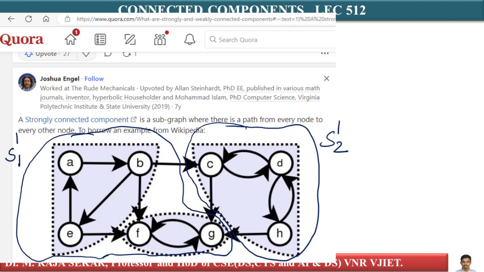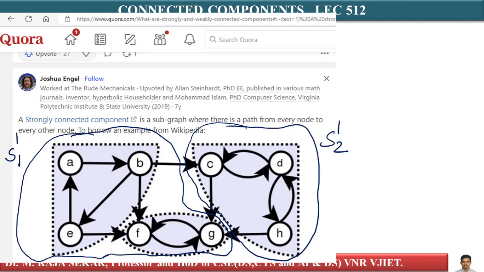Within S2 dash, I can go from any vertex to any other vertex, but within S1 dash, can I go from F to B? I don't have a way. I can go from G to F and come back from F to G, but there is no way for me to go from F to E.